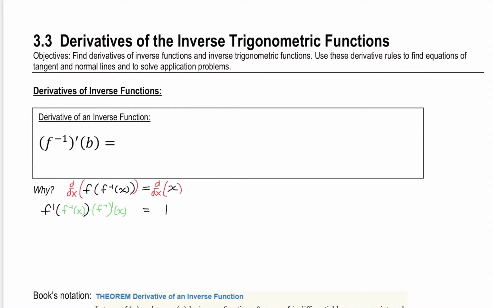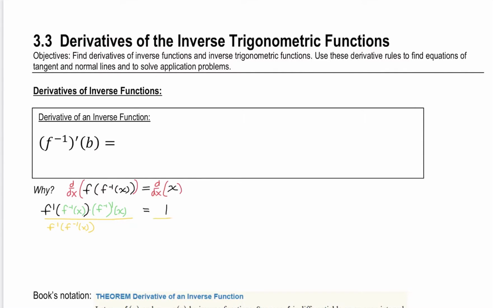So this f inverse prime is really what I am trying to come up with a form for, the derivative of an inverse function. So we're just going to go ahead and divide both sides then by f prime of f inverse.